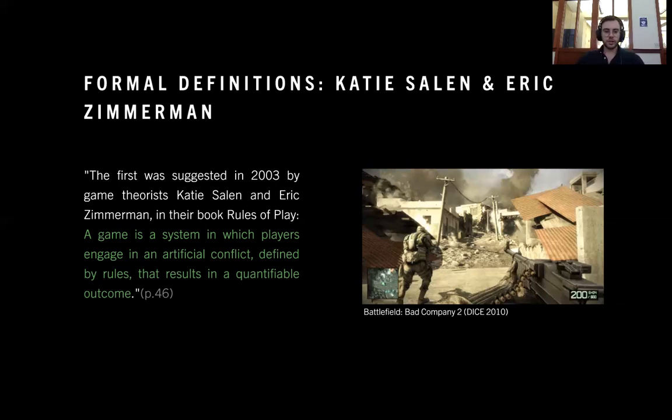And that results in a quantifiable outcome. That is true for games such as Battlefield or mostly multiplayer games, but generally all kinds of games more or less. If we win a game in Battlefield, an online game, we get to see our kill-death ratio, we see how well we did, we see other data in regards to how well our team did, we see who won.